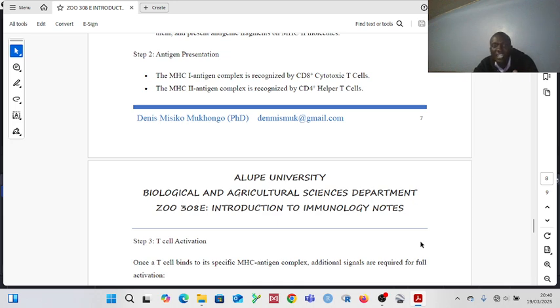Then the MHC class 2 is presenting antigens from extracellular infections. That complex between MHC and the antigens from the extracellular infections is what will be recognized by the CD4 helper T cells. So the CD4 helper T cells will bind to the MHC class 2 and its specific antigen complex.